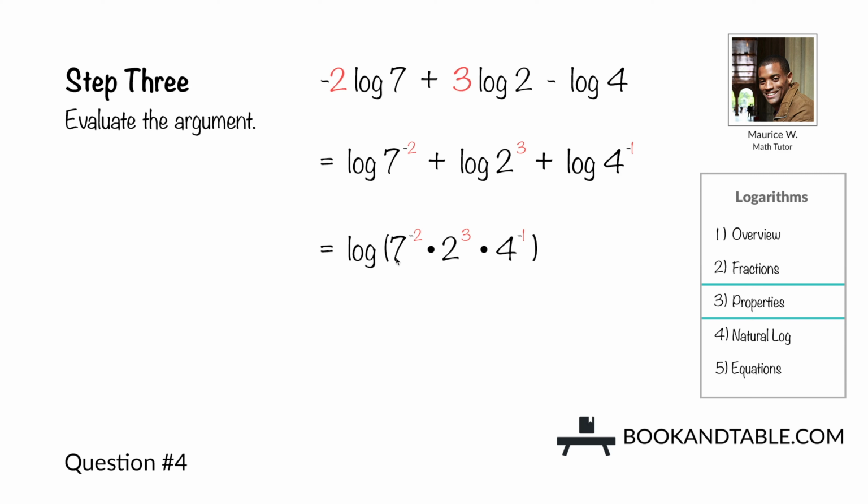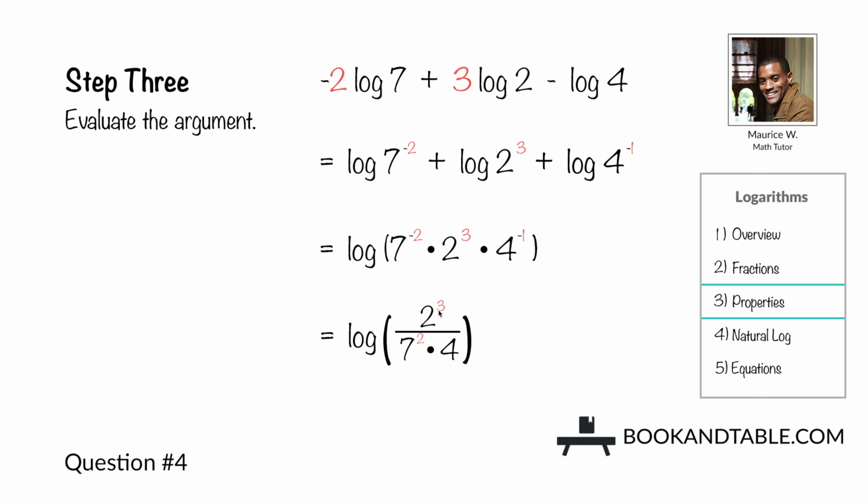So we'll begin by moving the terms with the negative exponents to the denominator, leaving us with 2 cubed in the numerator. And now 7 to a power of -2 becomes 7 to a power of +2 in the denominator. And 4 to a power of -1 becomes 4 to a power of +1, which is just 4 in the denominator.